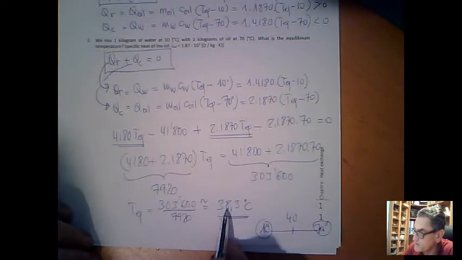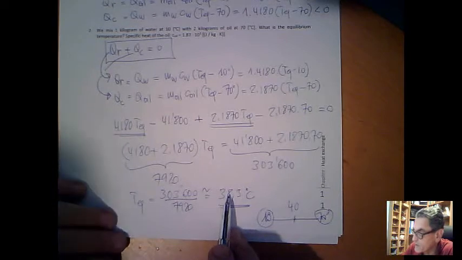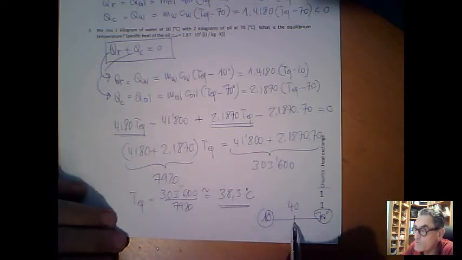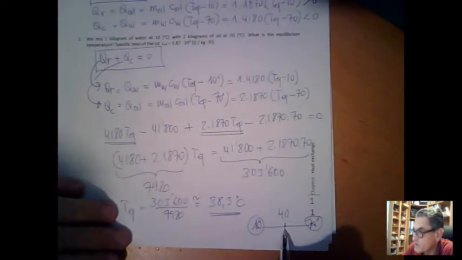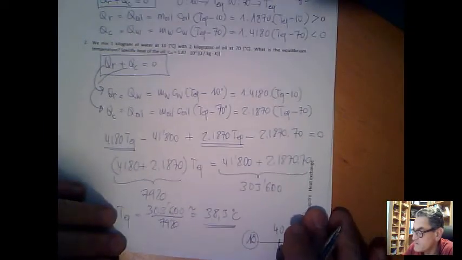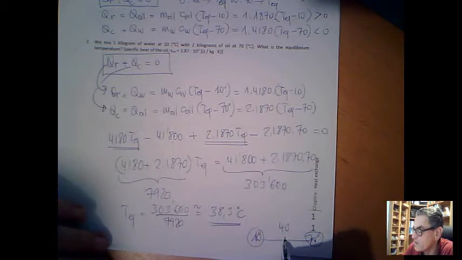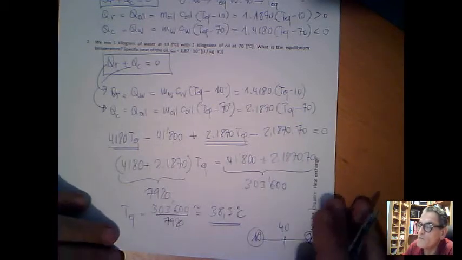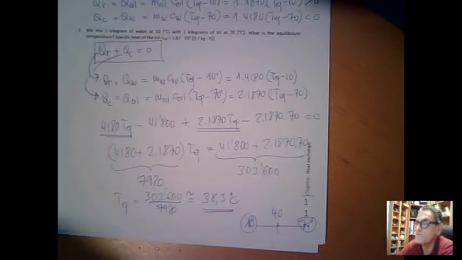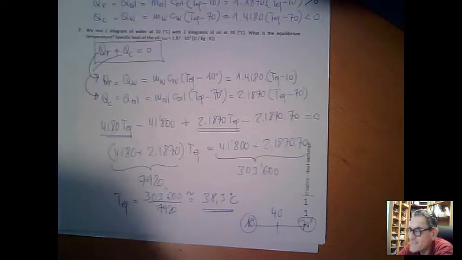And you see that the equilibrium temperature now is close to the average temperature. How come? Can you explain that to me? Both the water and the oil undergo a temperature change of about 30 degrees. How come it's the same temperature change in this exercise with respect to the previous one? What would you say?